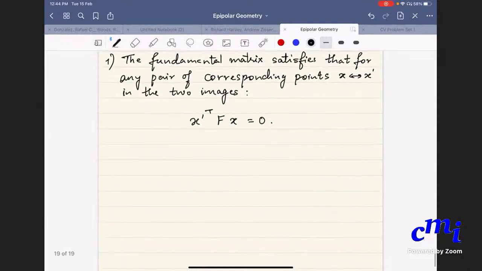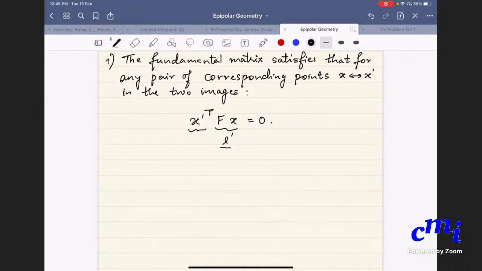This is not difficult to prove at all. Remember what these are. What is Fx? Fx is exactly this L prime, the line passing through x prime and the epipole E prime. And we are simply saying that x prime transpose L prime is 0, but that is simply by virtue of the fact that x prime lies on L prime. Remember we did this in projective geometry. What does it mean for a point to lie on a line in projective coordinates?